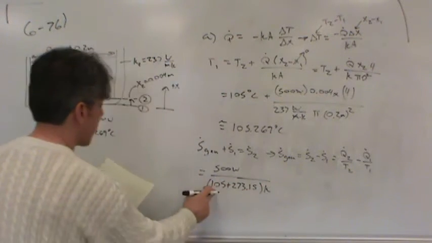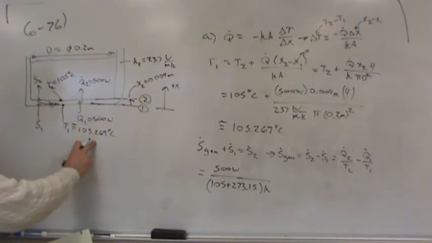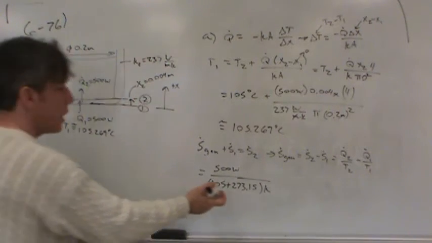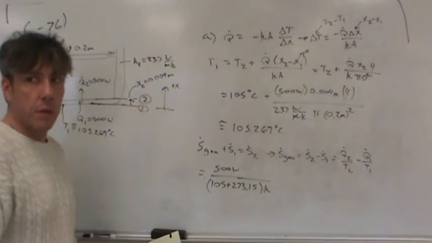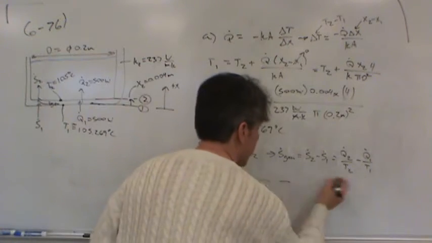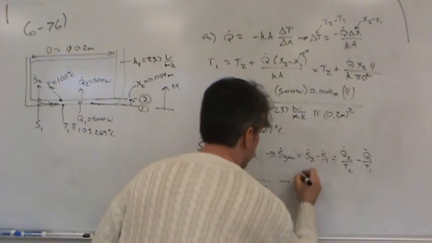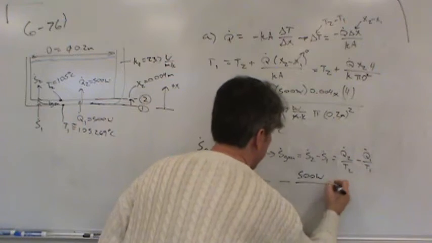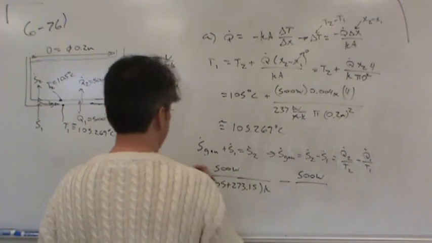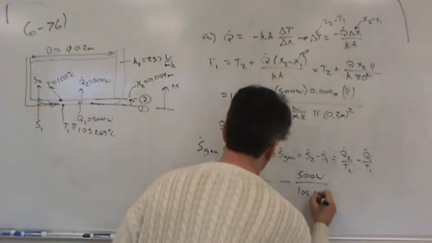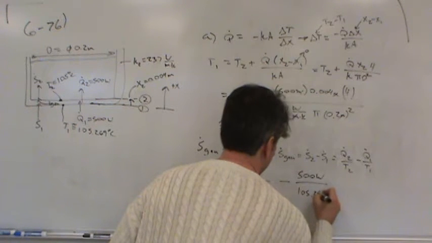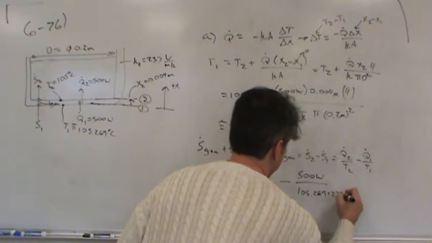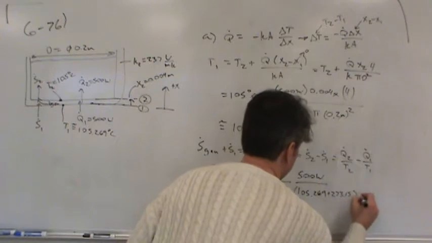The reason is that the 105 is so close to 105.269, so I felt a need for a bit more precision in the conversion. So minus, for the second term, Q dot 1, which is 500 watts, divided by T1. T1 is 105.269 plus 273.15, to give us Kelvin.